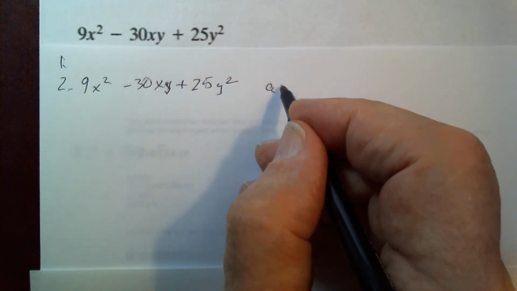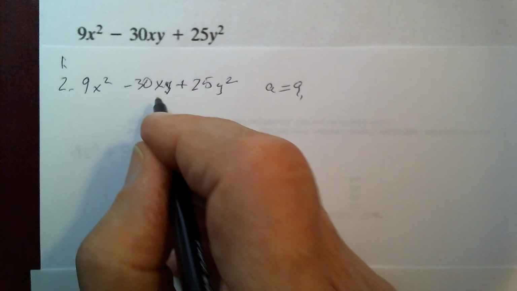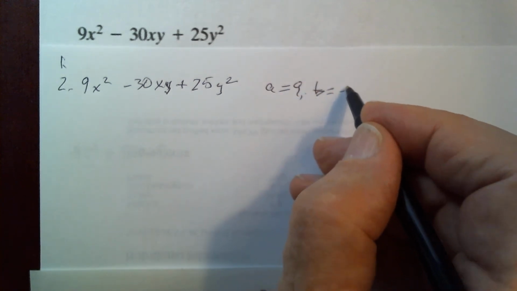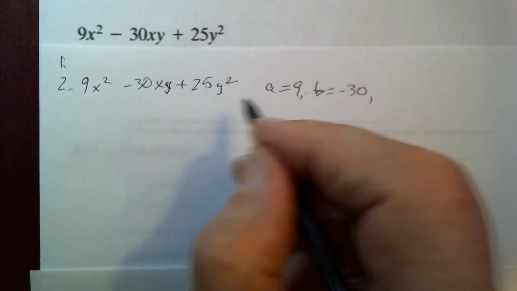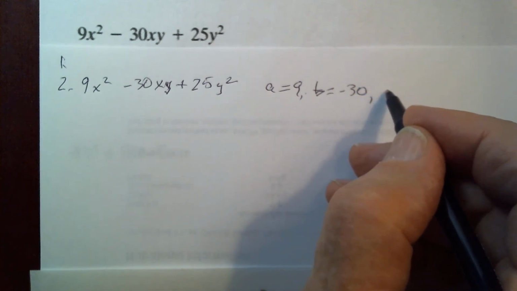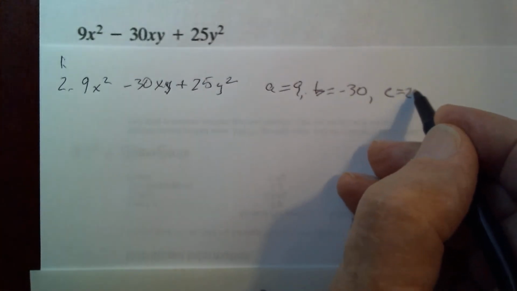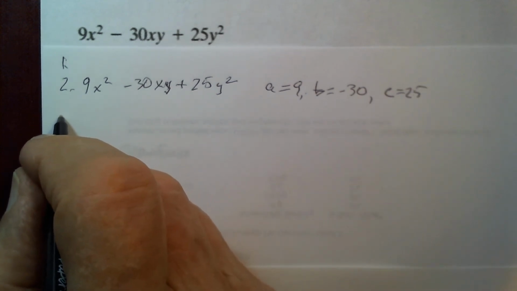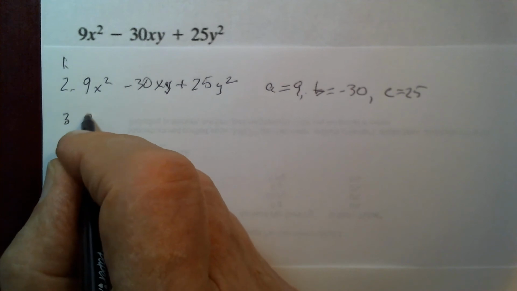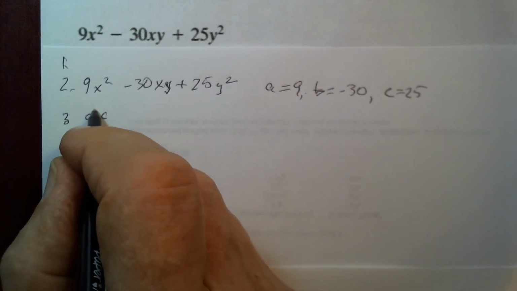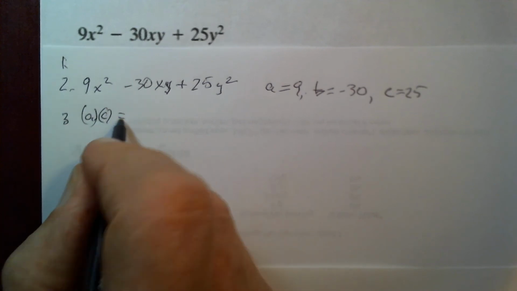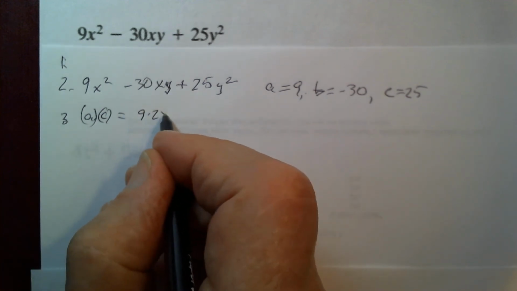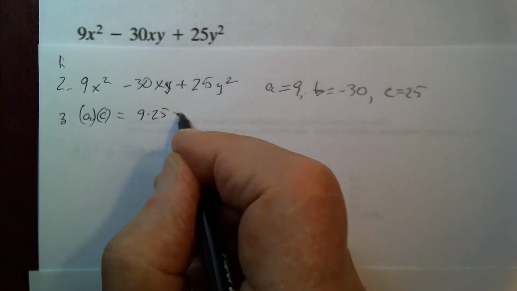So A equals 9, B equals minus 30, and C equals 25. So then we form the product of A times C. So it would be 9 times 25, that's equal to 225.